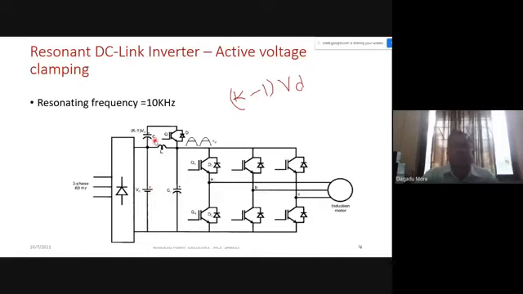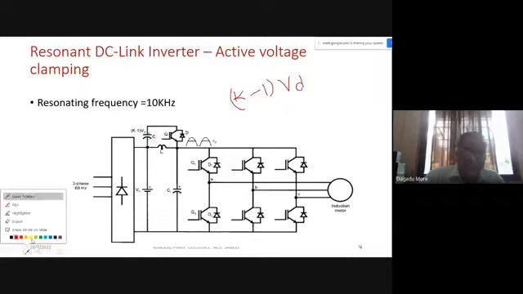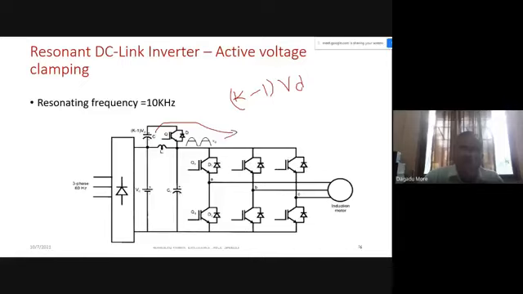Whatever capacitor C we are putting, the voltage across that capacitor, which we can call VC, will be equal to 0.5 VD.